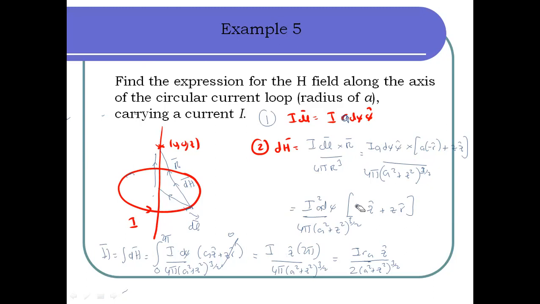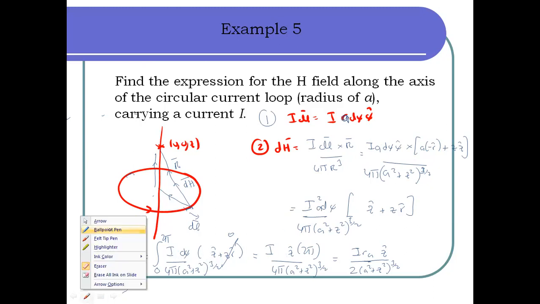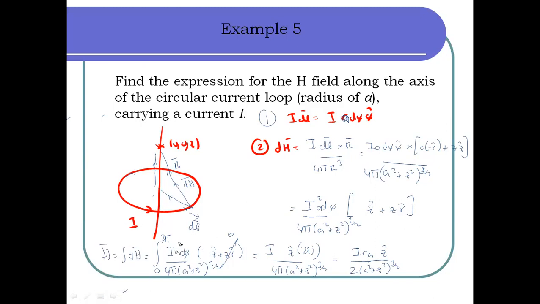That should be cancelled out. There should be no Z also. So we only have A squared and also A squared here, and it should give us A squared. So that should be the answer for your H field, in which A is the radius of your circular loop, Z is the variable, and the H field that we have calculated here is the H field at any point on the Z axis having a coordinate of 0, 0, Z. So the unit will be ampere per meter.